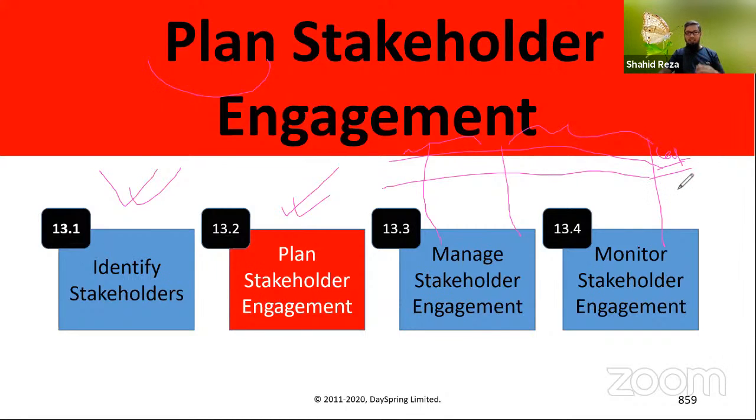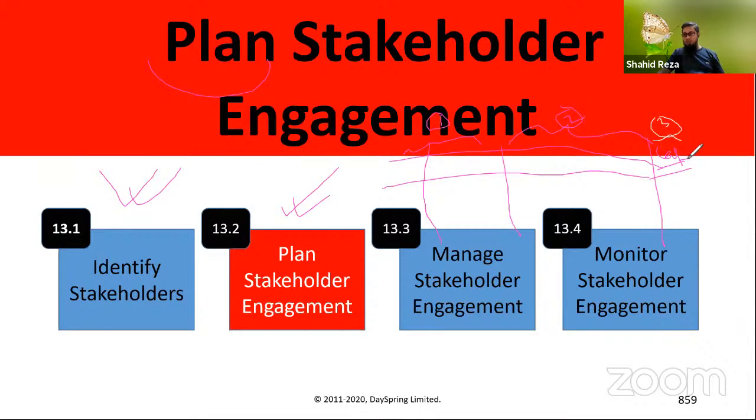You can categorize as per your need, like top priority, middle priority, or low priority, or the relation between the stakeholders, top down or bottom up, or PR. Any kind of categorization you can do. So these are the three categories of columns in the stakeholder register table, right?